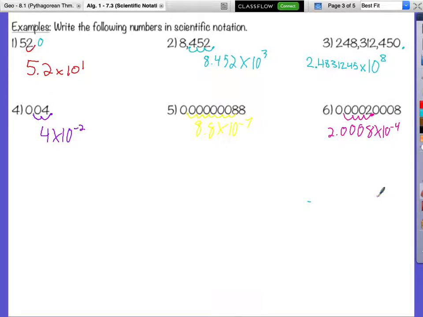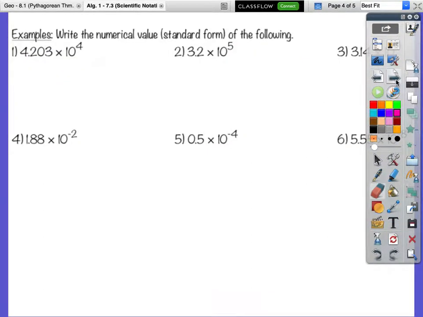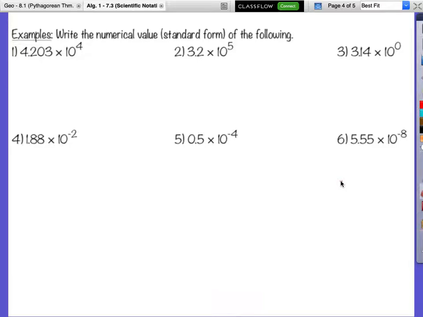Questions on these? Okay, do you guys think we could go the other way? Yeah. From having numbers in scientific notation and writing them like normal. I want you guys to go ahead and work on these 6. Not quite.